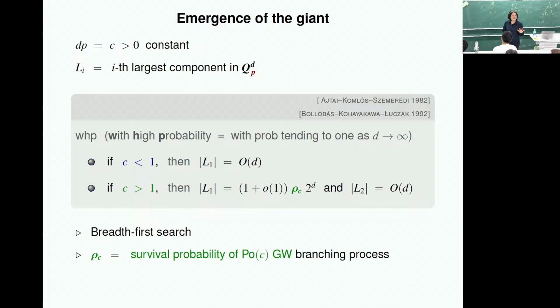Any questions? What happens if c is equal to 1? Yeah, very good question. It's the so-called criticality. In the criticality, the picture is more complicated. If you order the sizes of the components and scale them by n to the two-thirds, then it's a constant. But there are so many such components. You can model it by Brownian excursions.